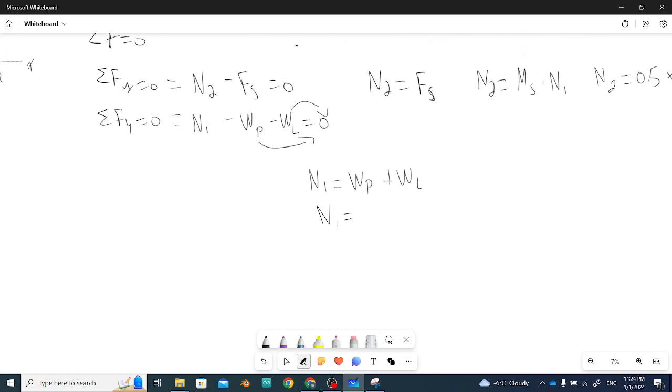But what I'm going to do is separate it into the mass. So this is mass times 9.8. And then the ladder is 11 times 9.8, and that's equal to 107.8. So that's mass of the painter times 9.8 plus 107.8.